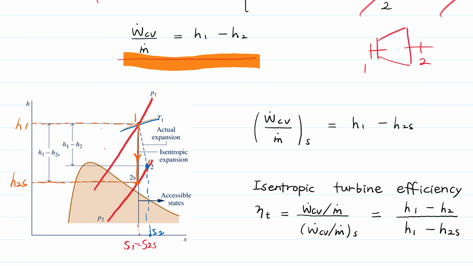And at state 2, enthalpy is H2. So H1 minus H2 is the actual work, and H1 minus H2s is the isentropic work.